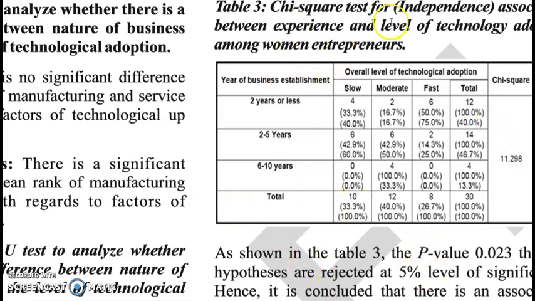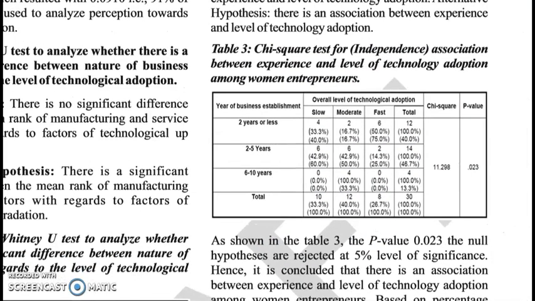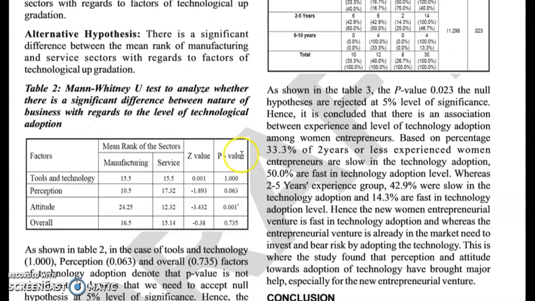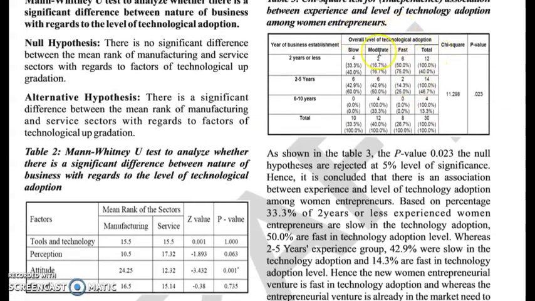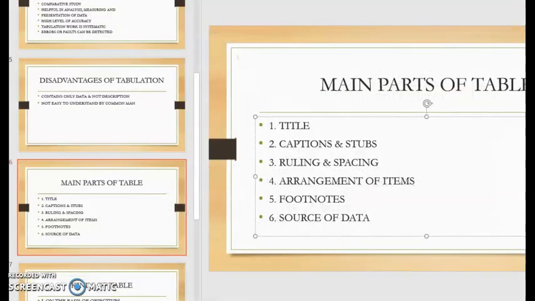You will have proper space on that, right? Spacing is proper and appropriate. You can see there is one main heading and below you have two headings, rank of a sector. Even here you can see overall level of technology adopted. In that you have 4 divisions. That becomes your arrangement of items.